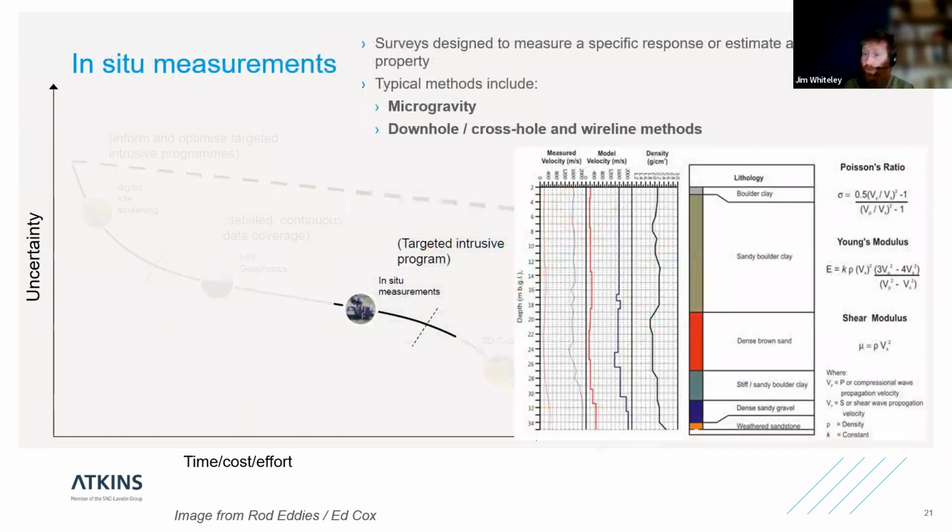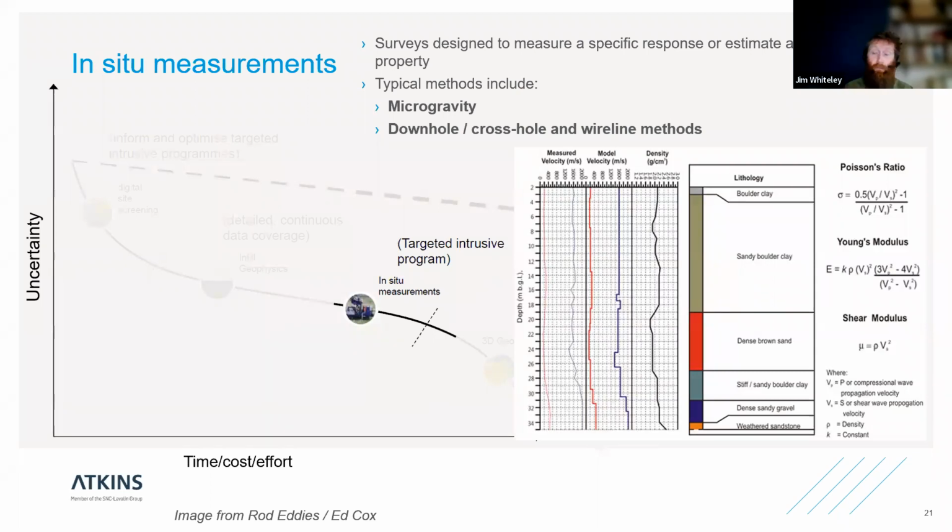We then have in situ measurements of geophysics. This is not particularly my speciality. I've always specialized in surface geophysics, but this is using downhole and crosshole wireline methods. So actually getting into boreholes, deploying equipment, or shooting seismics between boreholes to try and get a much better understanding of the actual lithological properties of strata as you go down the ground.